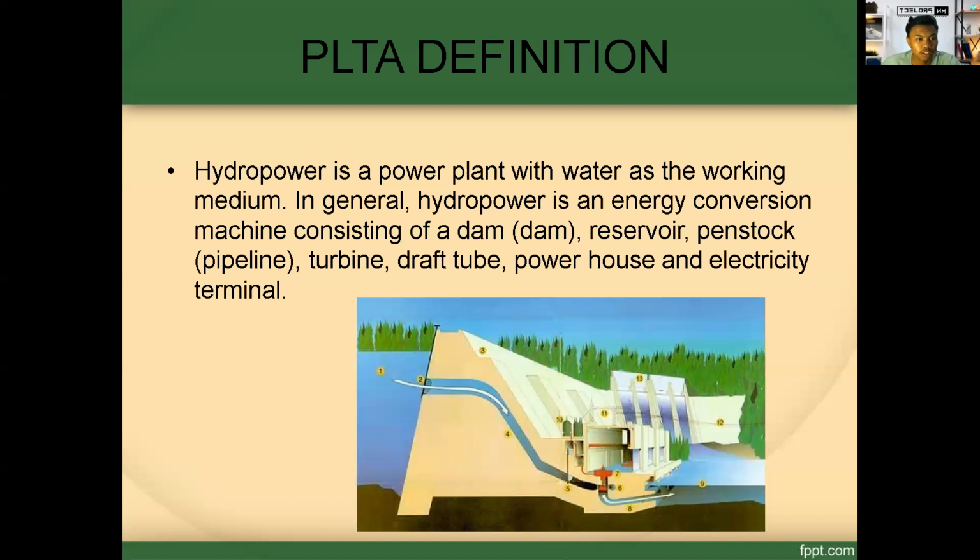This causes a generator that has its axis of rotation with the turbine to rotate. Then the process that occurs is electromagnetic induction, which produces electrical energy.